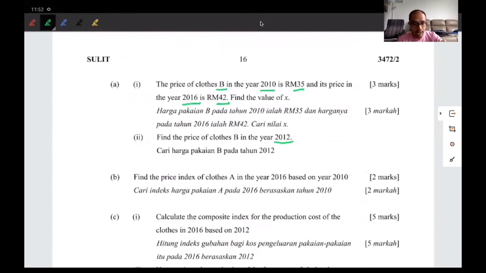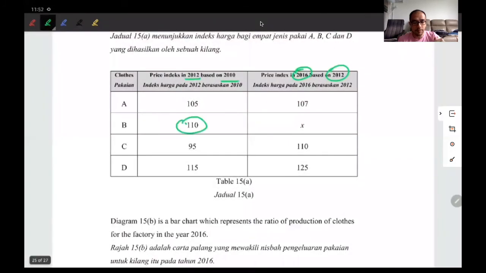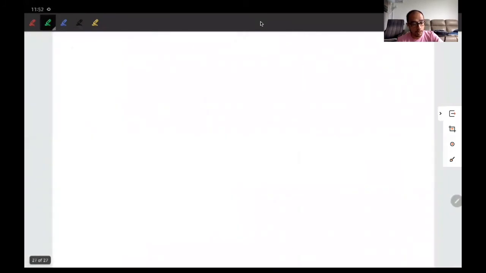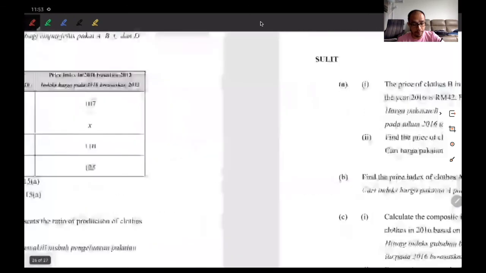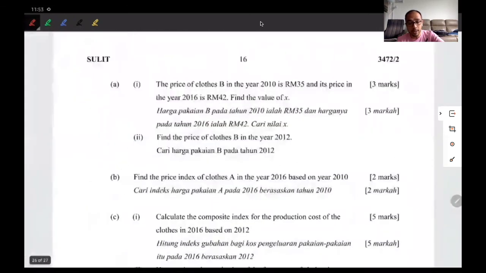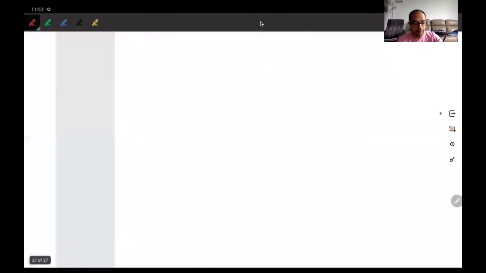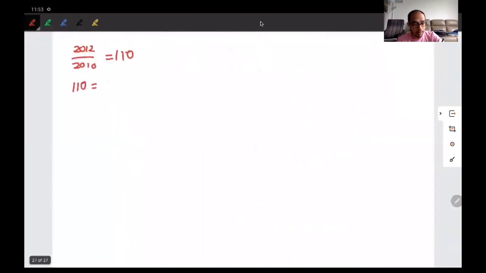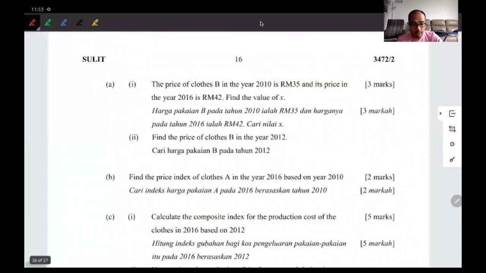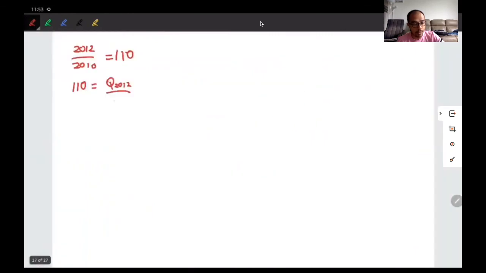So let's try 110. 2012 over 2010 is 110. That's what it says, right? The price of 2010 is 35. So 110 equals the price of 2012 over the price of 2010, 35 ringgit, times 100.